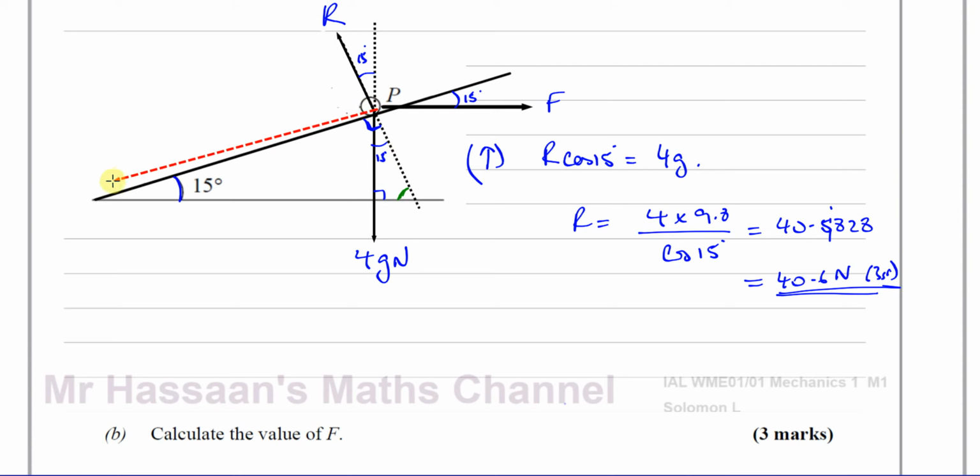So I've got the weight acting this way, and the weight acting this way. And you have the reaction, which we don't have to worry about now because it's perpendicular to that. But we've got the force F in this direction and also in this direction. If we resolve this force in this direction, that's going into the angle, so that'll be F times cosine 15.